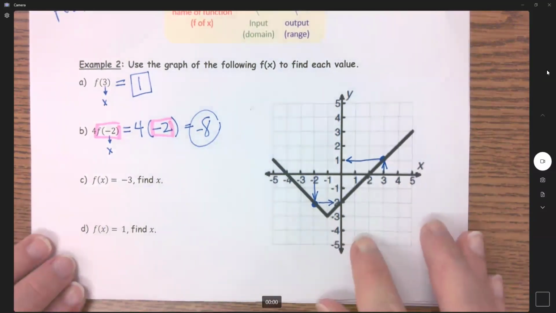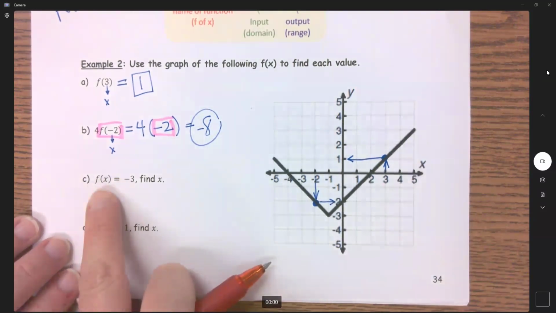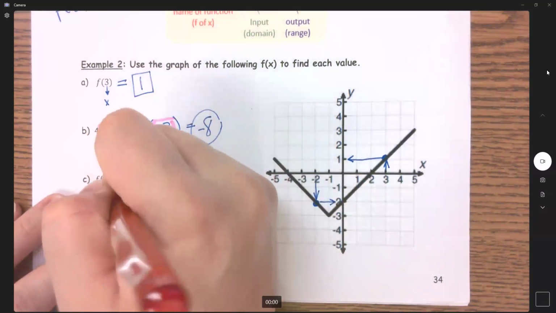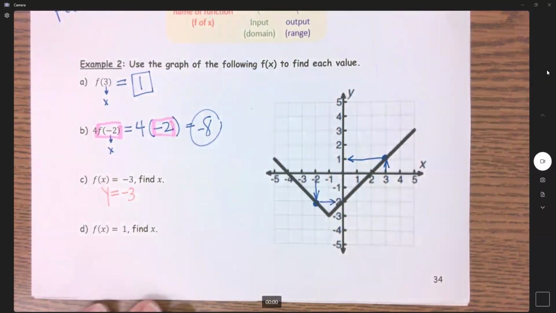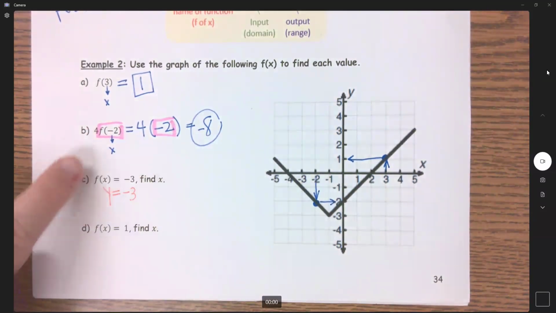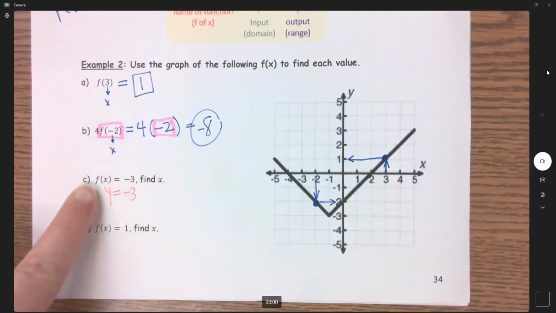Okay, let's change the form. We stated back in the first lesson that f of x is just another name for y. So here they are telling us that our y equals negative 3. And they're telling you find x. So even if you're like, I don't know what f of x is, they're telling you to find x. So they're giving you y.